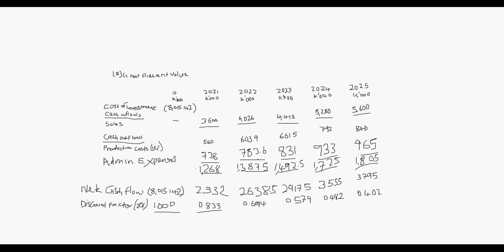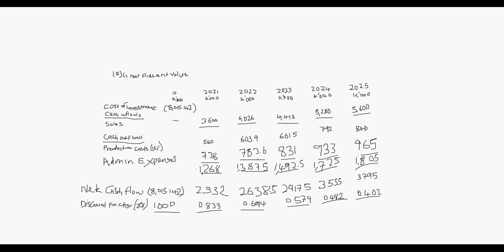So we multiply so that we can discount the net cash flows. So we are going to multiply these figures against them. Going back to our calculators, let's multiply.